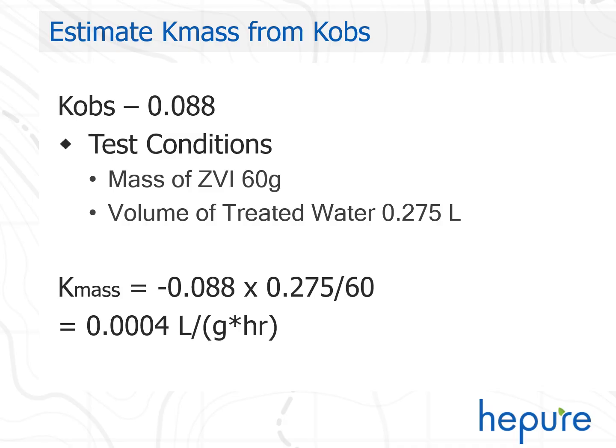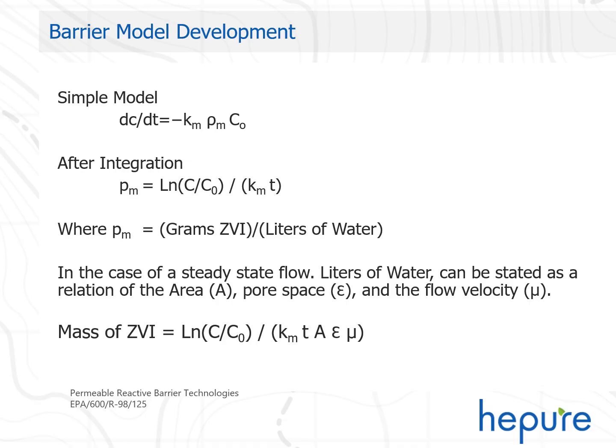Using our test data, we can estimate a K mass for the model. By making some substitutions in our simple first-order model, we can use site conditions to determine how much ZVI will be required for the project.